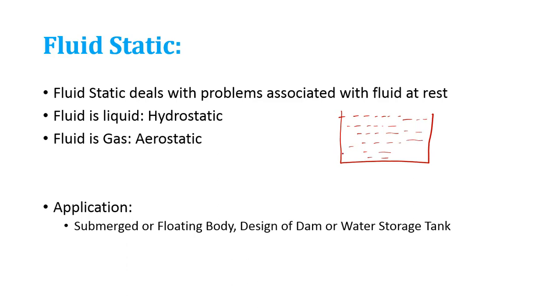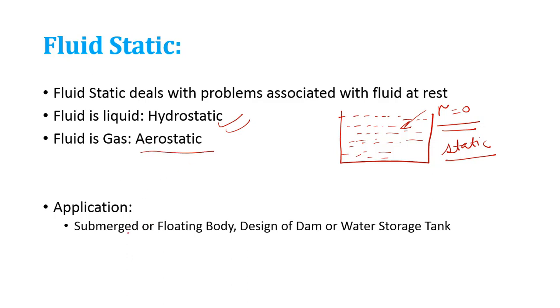So when there is no relative motion between the layers, then shear stress will be zero, and we call it a static fluid. Okay. So when liquid is in static state, it is called hydrostatic, and when the fluid is gas and it is in static state, we call it aerostatic.